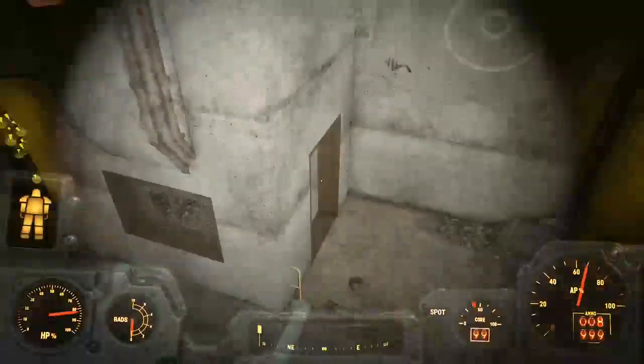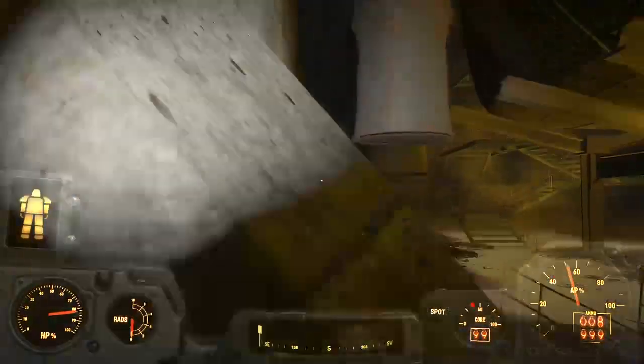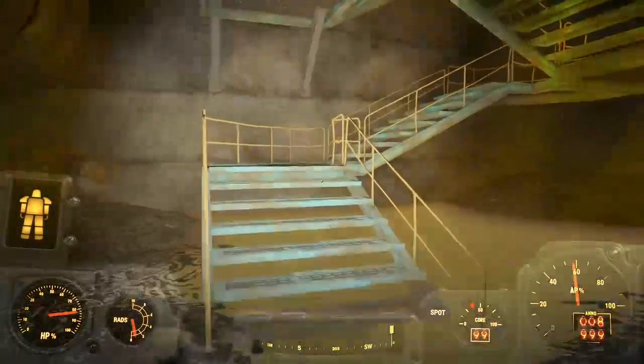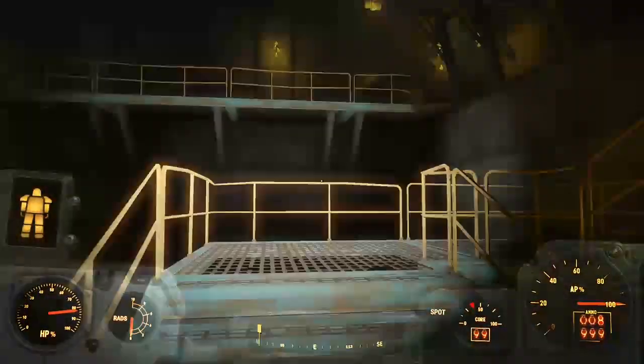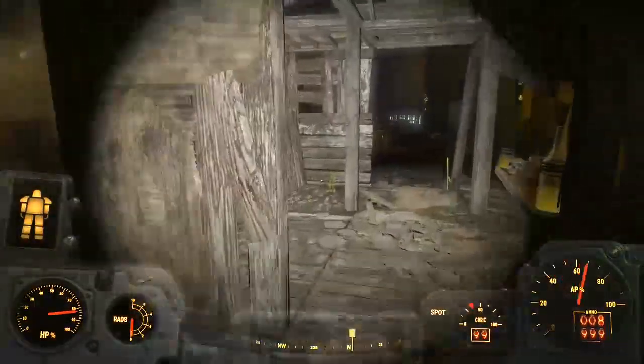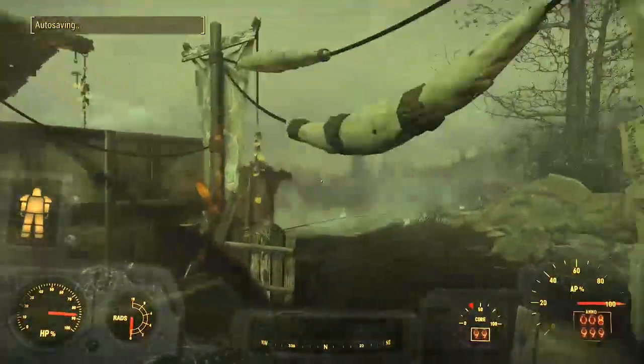Blast doors sealing in 30 seconds. 25 seconds to lockdown. 15 seconds to lockdown. 10 seconds to lockdown. Lockdown in 5, 4, 3, 2, 1.